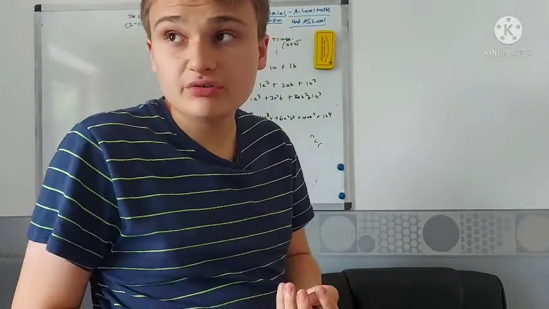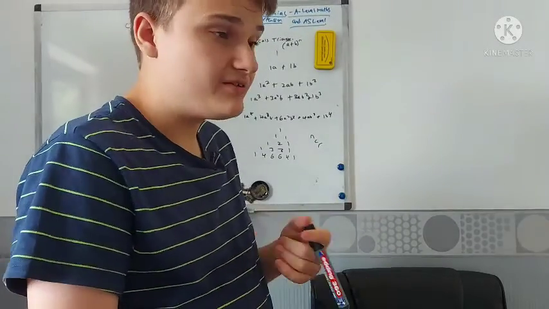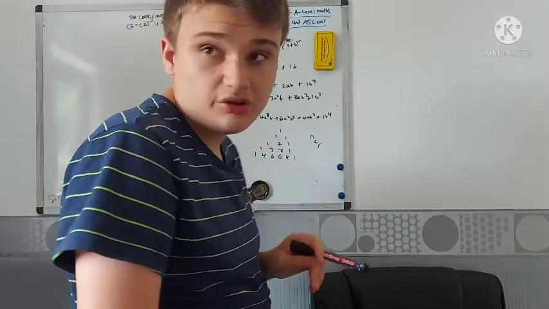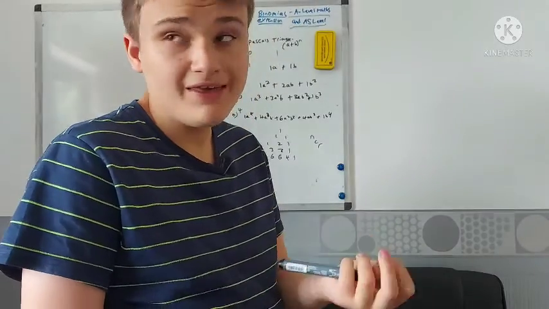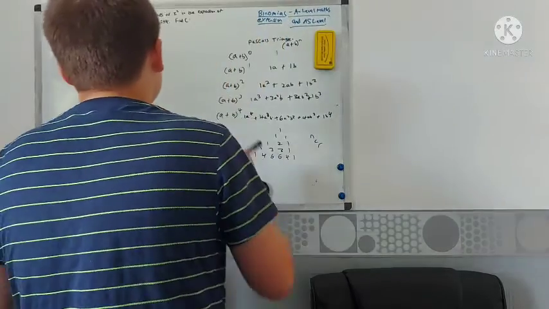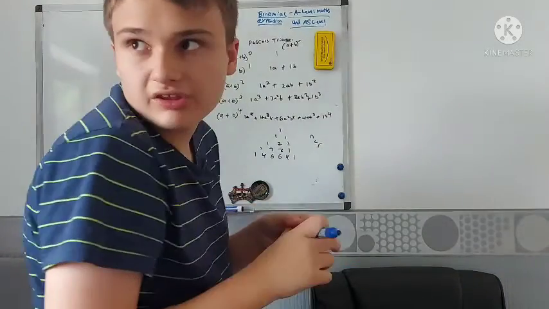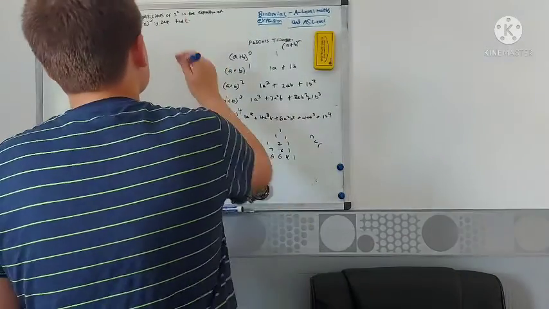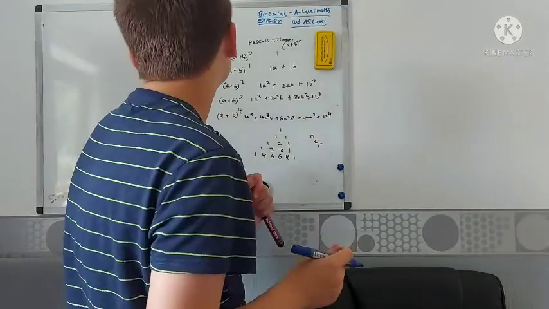Well, first thing you want to do is the x will be substituted for in the b. So using Pascal's triangle once again, I'll sub in the a and the b. So I'll end up with the 3ab squared, like so.